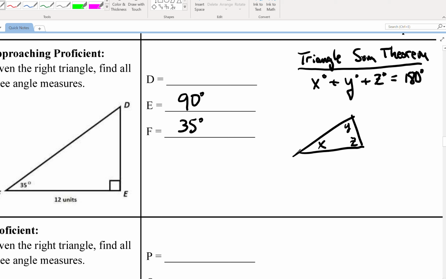The sum of the three angles in a triangle has to be 180 degrees, and that could be any triangle, including right triangles.